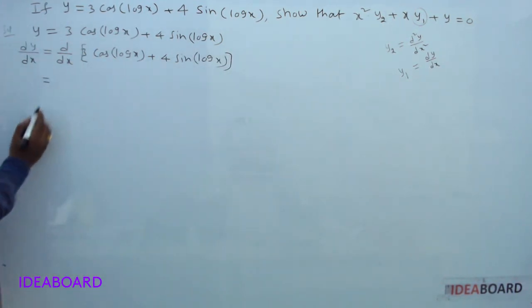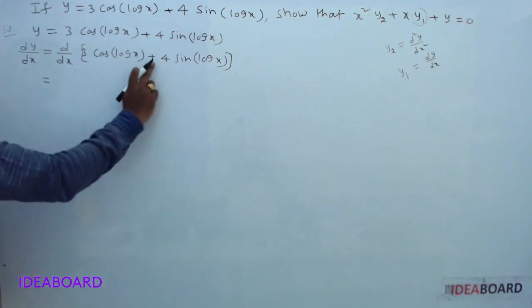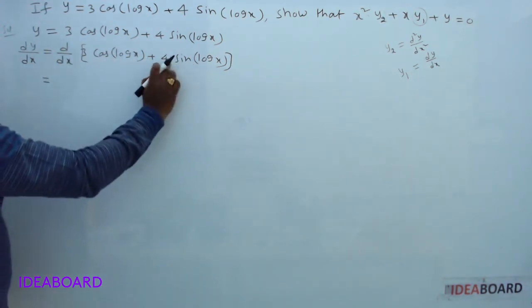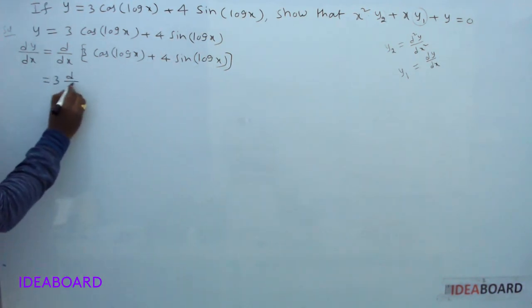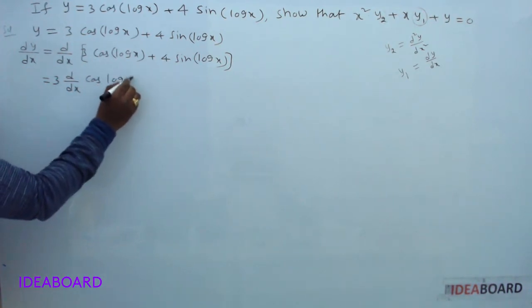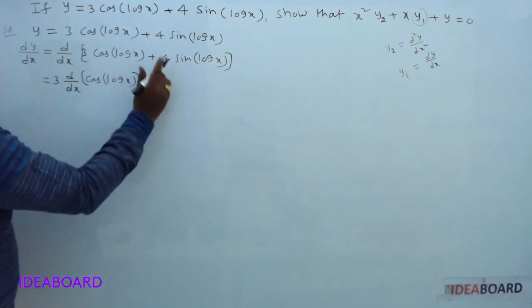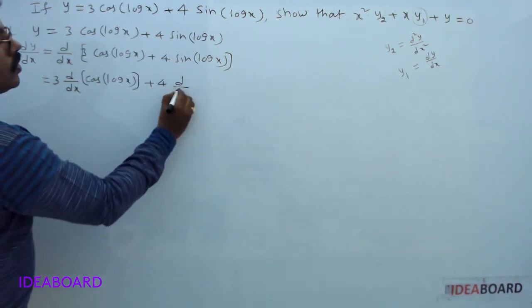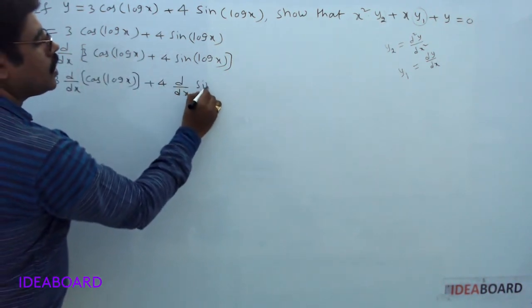Now this equals derivative of 3 into cos of log x plus derivative of 4 into sin of log x. So 3 into derivative of cos of log x plus 4 into derivative of sin of log x.